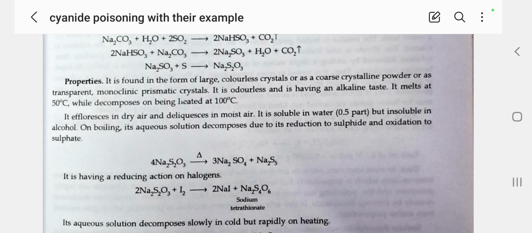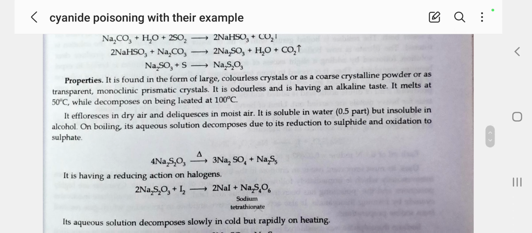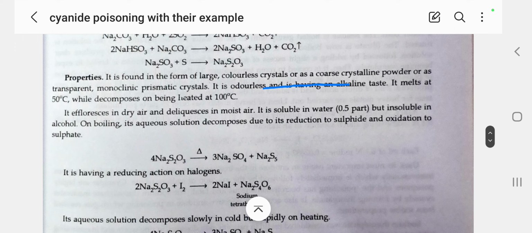It is found in the form of large colorless crystals, coarse crystalline powder, or transparent monoclinic prismatic crystals, odorless, and having an alkaline taste. So both sodium nitrite and sodium thiosulphate have an alkaline taste and are colorless and odorless.